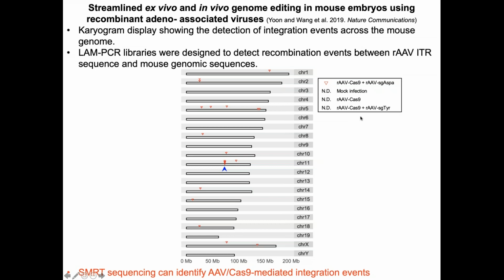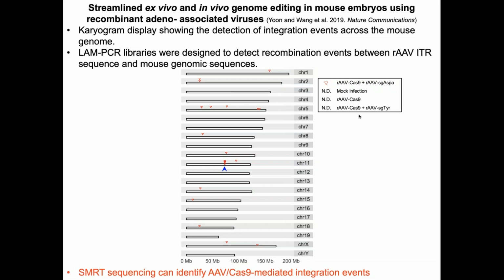Our lab and others in the field have started to discover that when AAV is coupled with Cas9 components, you do get, at very low frequencies, specific integration events of the AAV genome into positions where double-strand breaks have been generated.